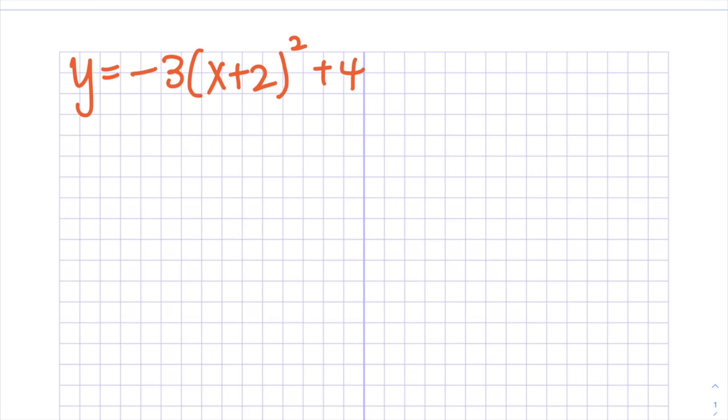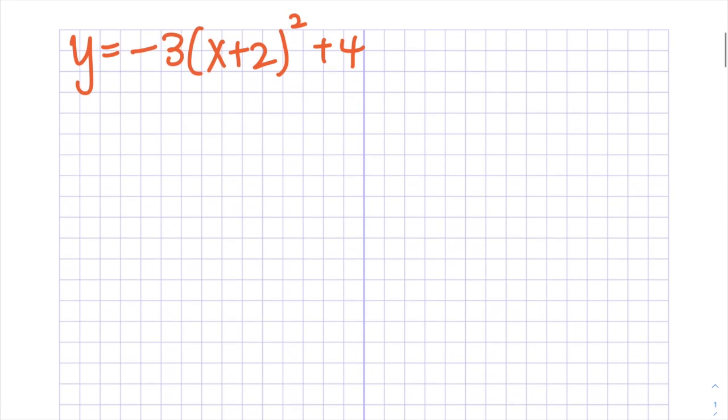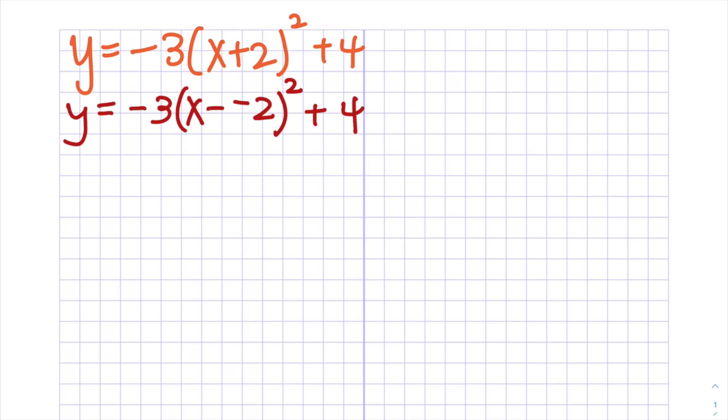Here we have y equals negative 3 times the quantity (x plus 2) squared plus 4. So remember, it's minus in the parentheses, x minus, so it'd be a negative 2, and then a positive 4. Subtracting a negative creates a positive here.